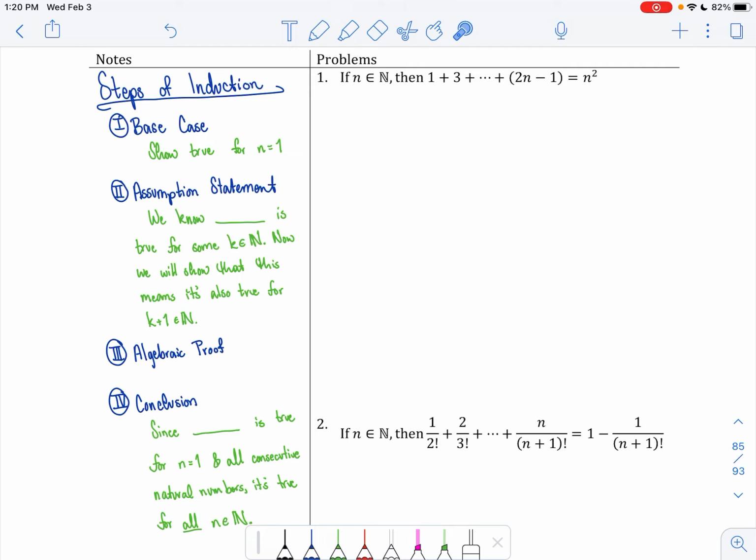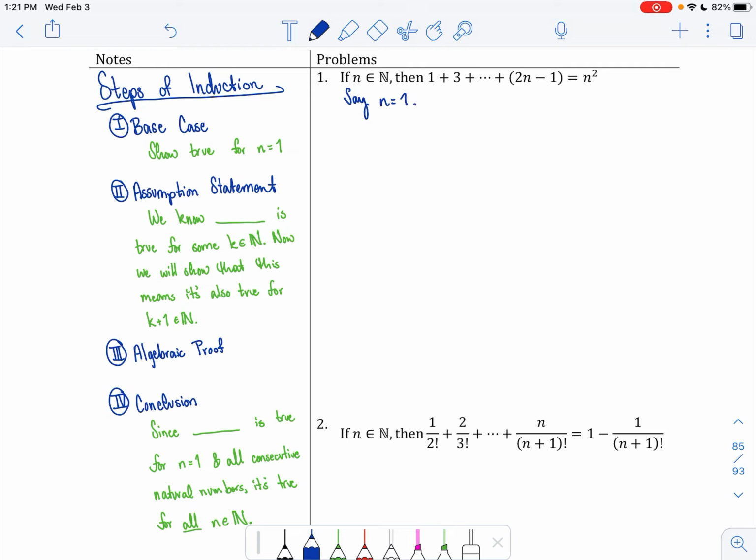Now, let's actually look at a proof. So if n is a natural number, then 1 plus 3 plus the odd numbers, up to 2n minus 1 in this case, equals n squared. So what we're always going to do is start with step number 1, our base case, which in this case is 1. So we're going to say that n equals 1.